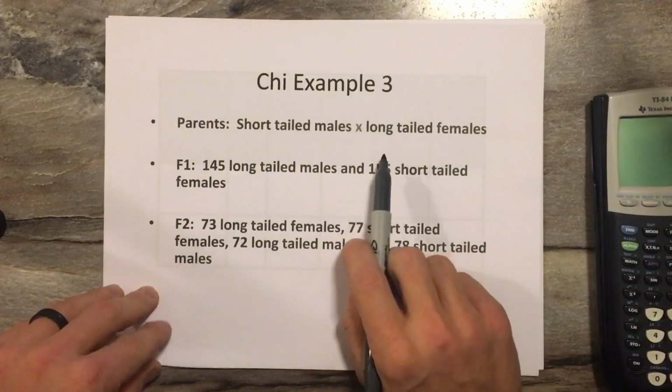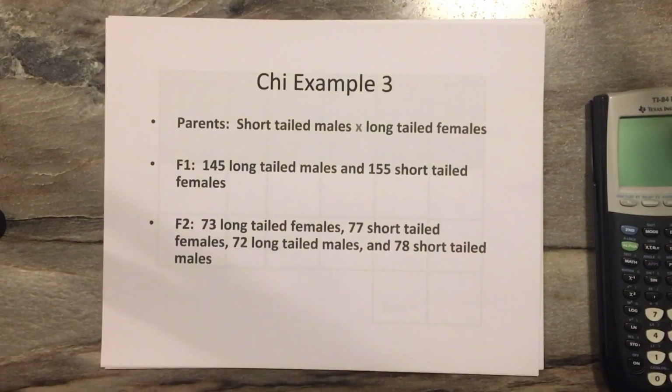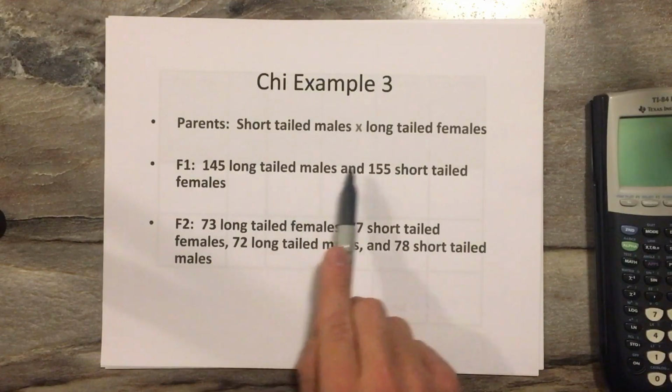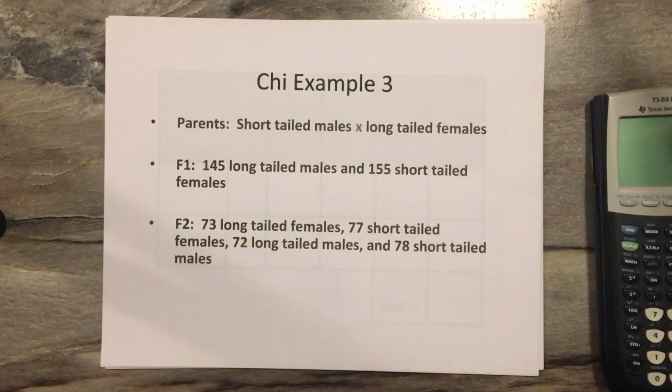We have the parents here, and then in the F1 generation we have 145 long-tailed males and 155 short-tailed females. So after they mated their offspring, which is the F2 generation, we have 73 long-tailed females, 77 short-tailed females, 72 long-tailed males, and 78 short-tailed males.